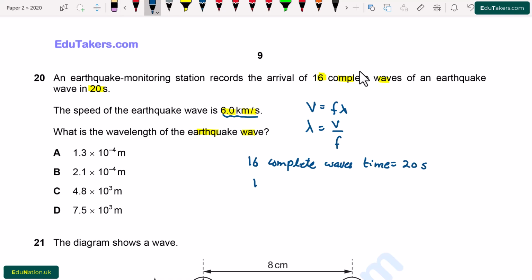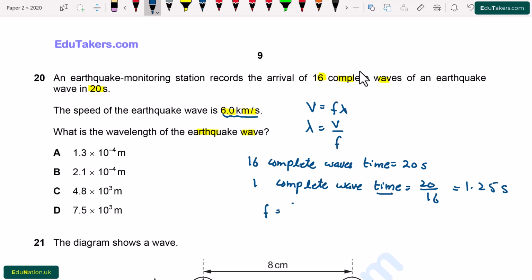For one complete wave, it will be 20 divided by 16, which is equal to 1.25 seconds. So this is time.